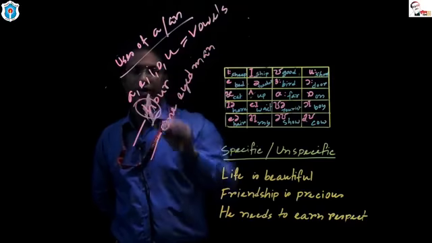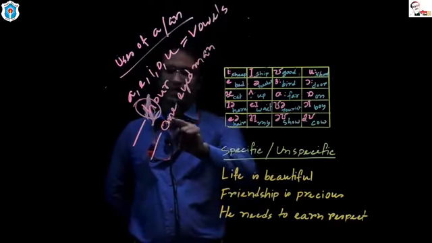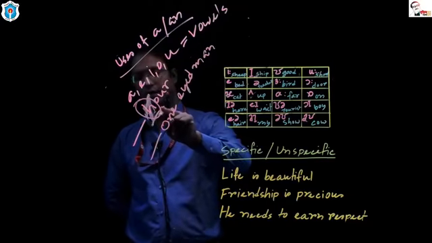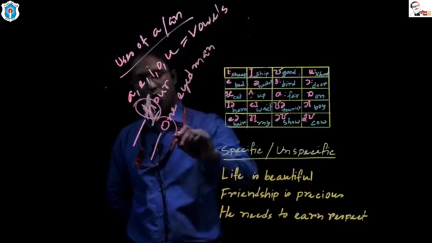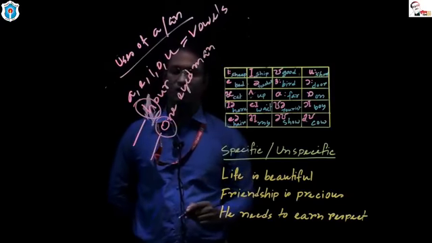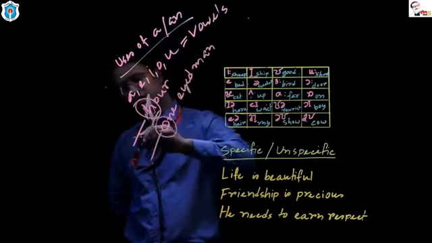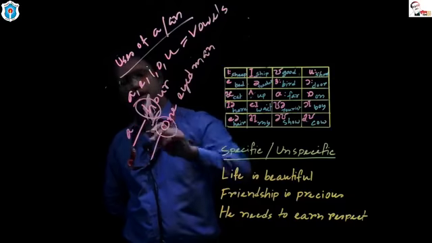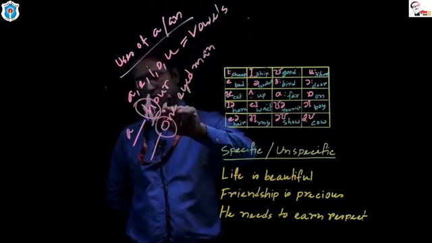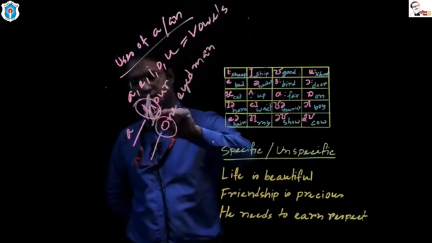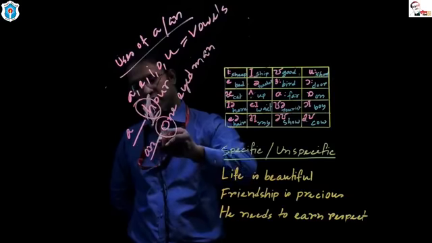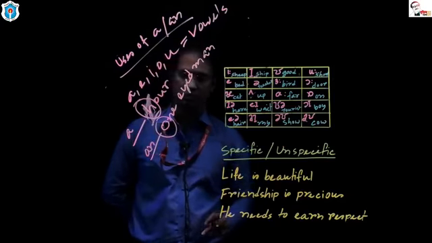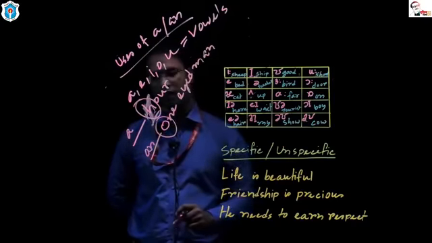You all know that H is a consonant alphabet and O is a vowel alphabet. But should we use here a, as it starts with a consonant, and should we use here an as it starts with a vowel alphabet?